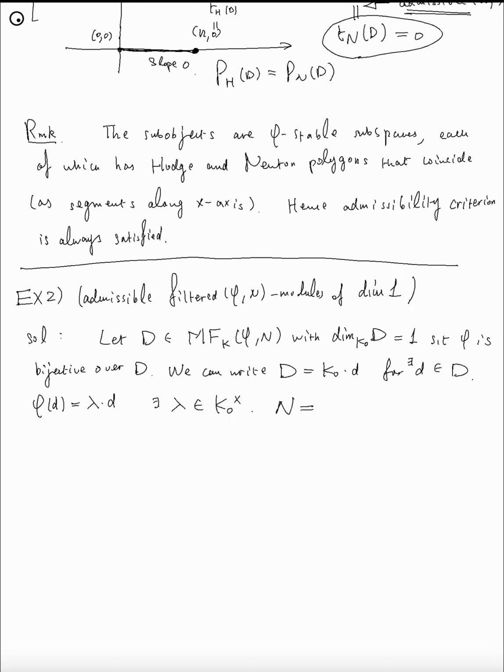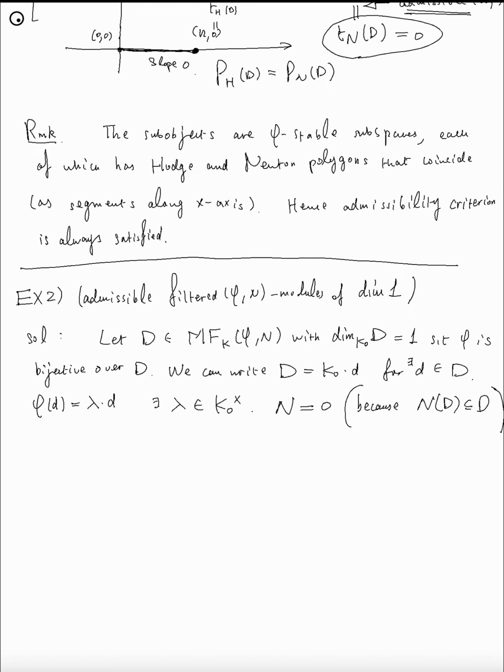Then this n must be 0, because this nd is a subspace, because it's linear, so it's a subspace of D, so either it's D itself or it's 0, but it's nilpotent.